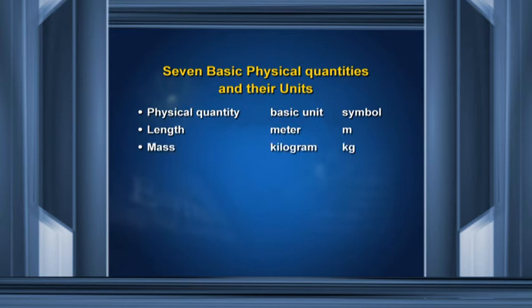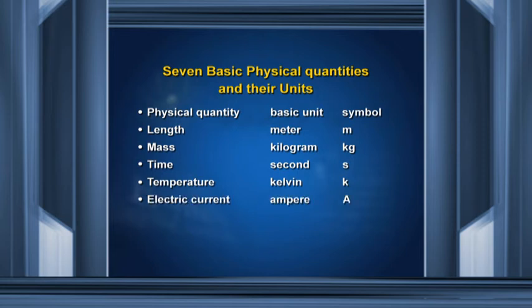Mass is the physical quantity, basic unit is kilogram, symbol kg, k is not capital. Time: second. Temperature: Kelvin, represented by the symbol K. Electric current: ampere, and a capital A to show it. Luminous intensity: candela, cd.